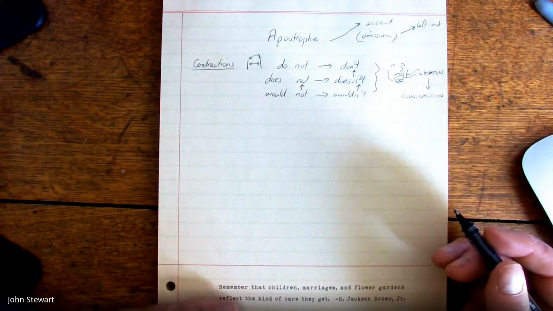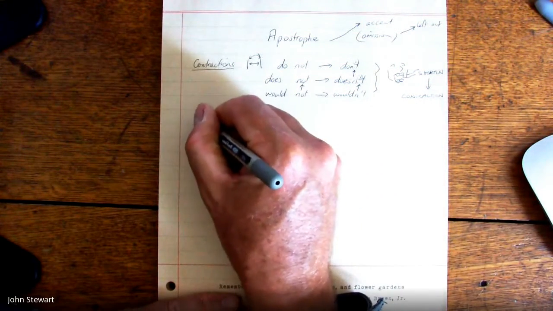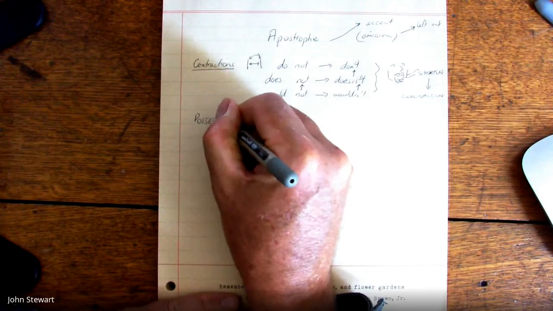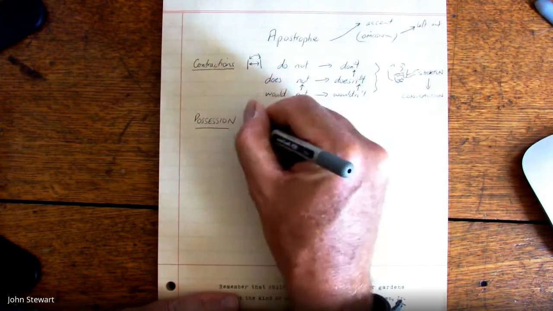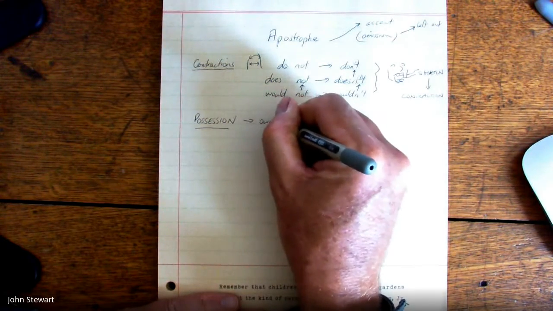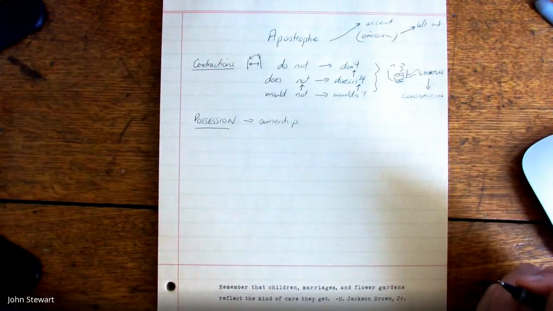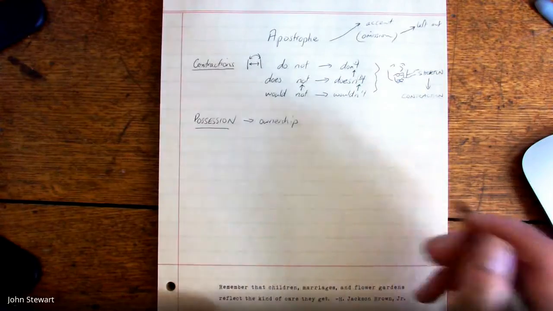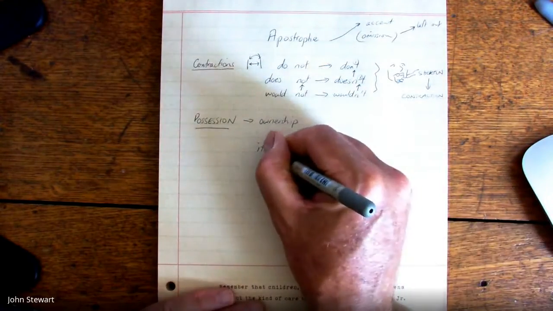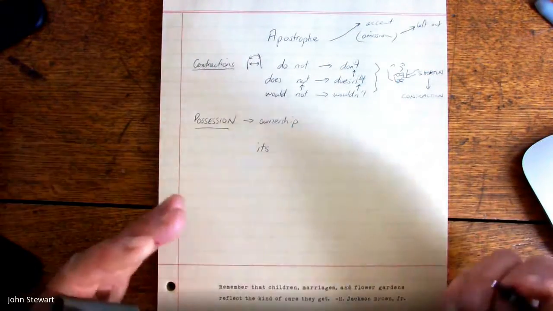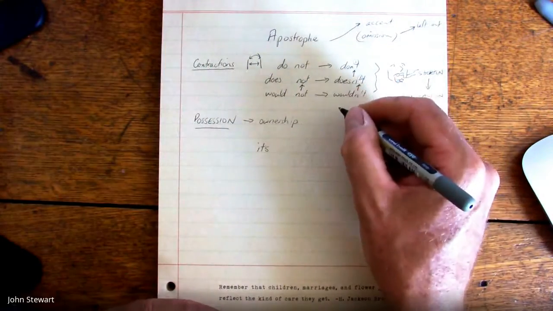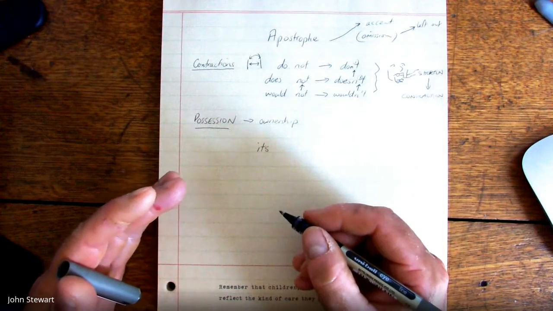Now, the apostrophe is also used, as we've learned, for possession, to show ownership when people own things. A common mistake is when we use its, because it can be a contraction or it can be ownership.